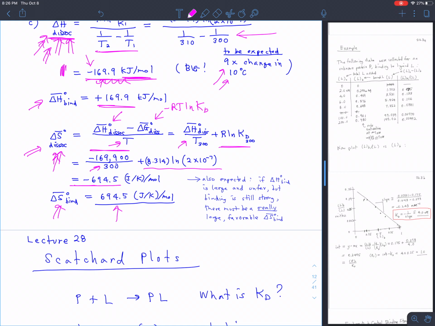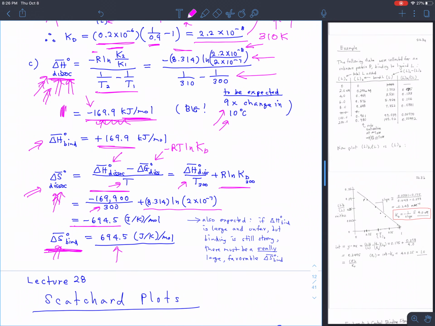And so, what this overall set of data is telling us is that the binding is very strongly driven by the delta S, by a big increase in delta S upon binding, big enough to overcome the large unfavorable delta H of binding.